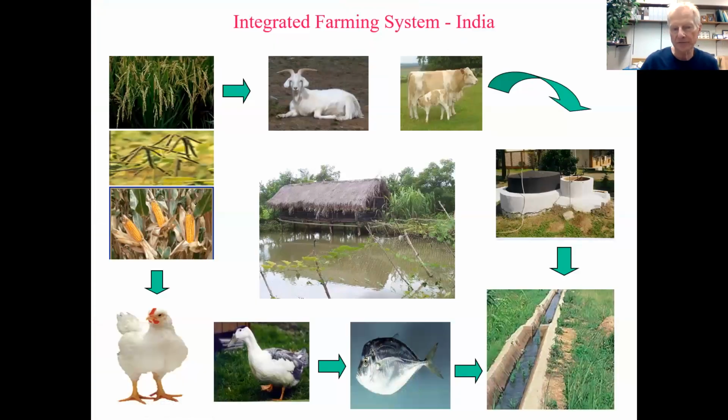And let me give you another example of crop livestock integration. This is for the tropics, but it could be adapted anywhere. So we've got rice, pulses, and corn feeding goats. The goats are in this barn above the fish pond. The chickens can also be above the fish pond.